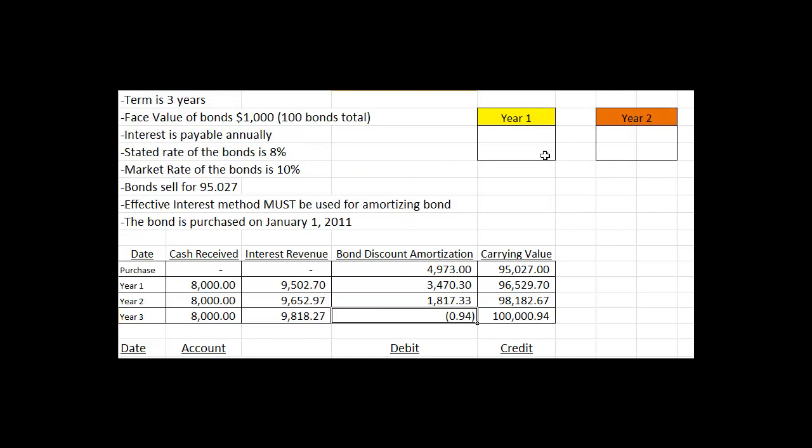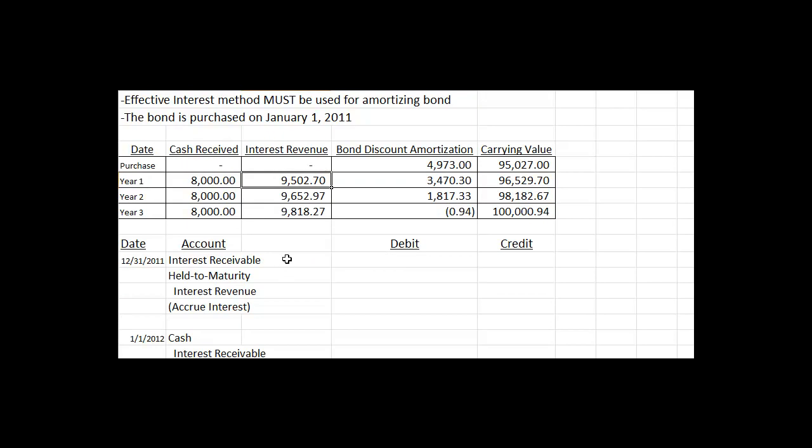So at the end of the first year, remember the idea here is to get the amount of interest that we received in year 1 into the proper year for revenue. So that, according to our schedule, is 95.0270. My interest receivable, though, I'm only going to get $8,000 cash, because that's the terms of the bond sale, pay you $8,000 every year.